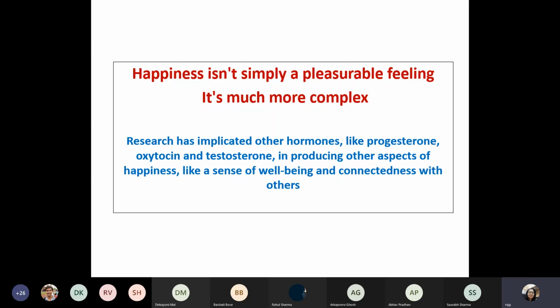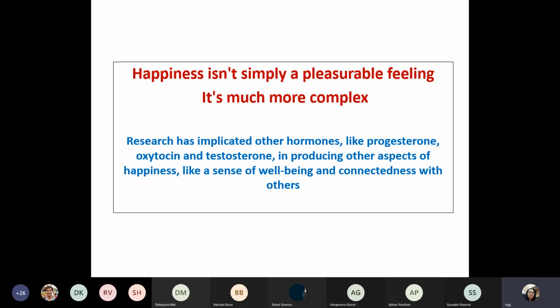So when we are talking of happiness, or moods, or positive emotions, we must also understand that there are multiple influences on the positive emotion. So it's not only "I feel good, I feel bad." That subjective feature is not enough.